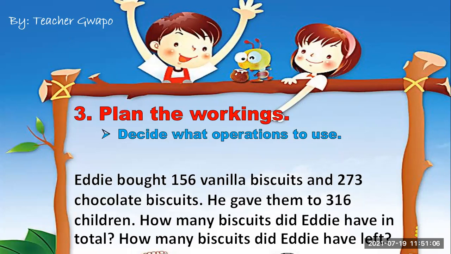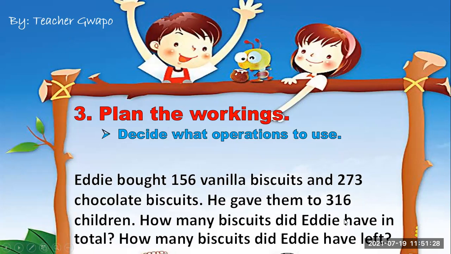Now let's try to decide what operations to use to find out how many biscuits Eddie had in total. So the key word here, you can see here the word total. Total indicates a plus sign. And how many biscuits did Eddie have left? The word left here indicates minus.